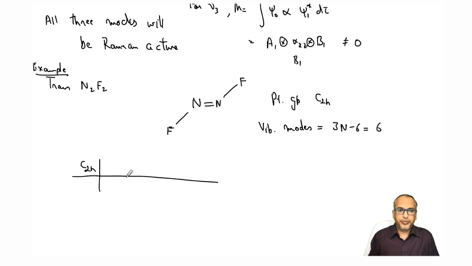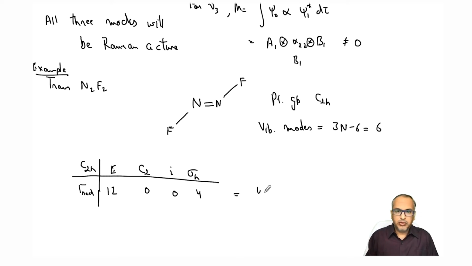C2h. So you have E, C2, i, sigma h. I'm directly writing the reducible representation, so that will give you 12, 0, 0, 4, and this will be equal to 4Ag plus 2Bg plus 2Au plus 4Bu.